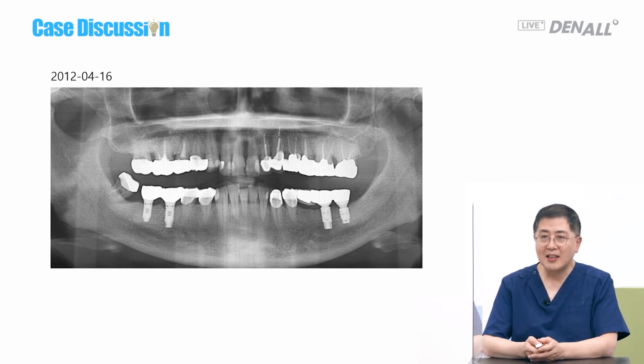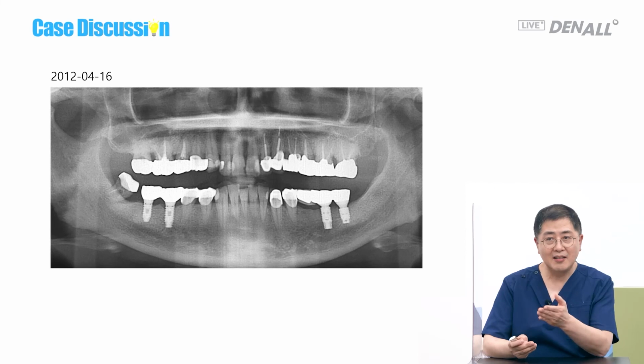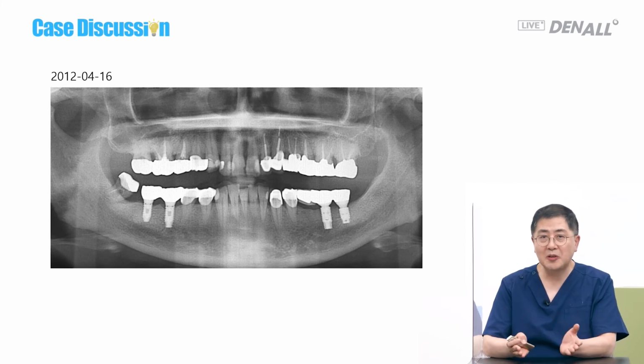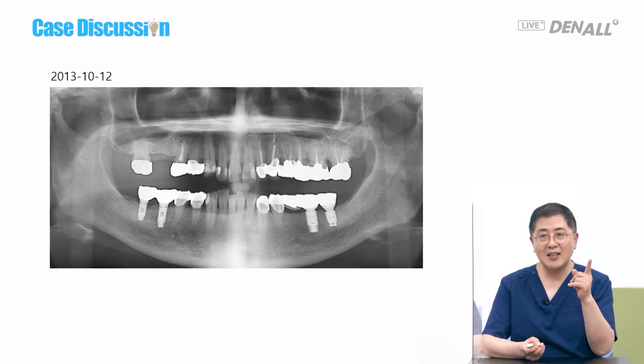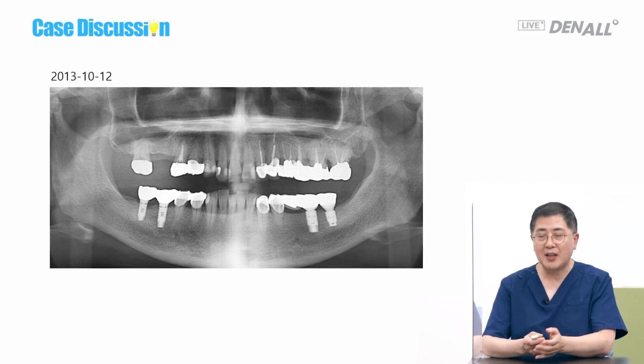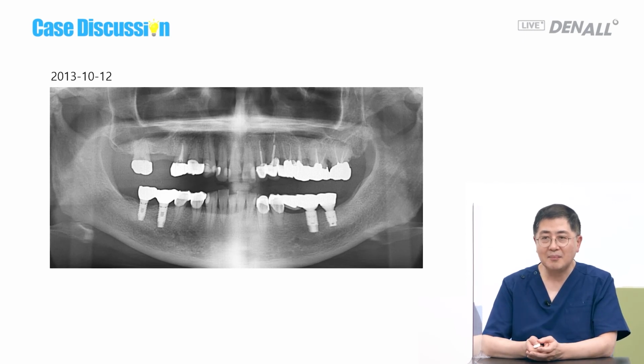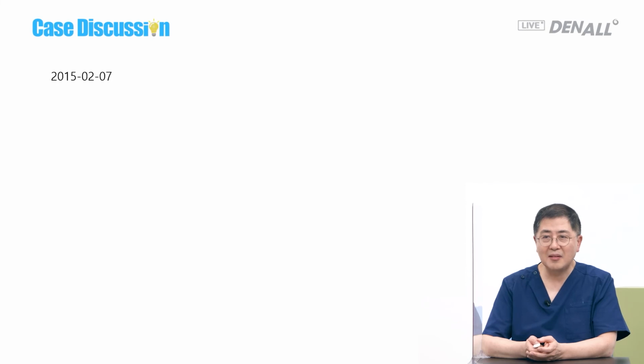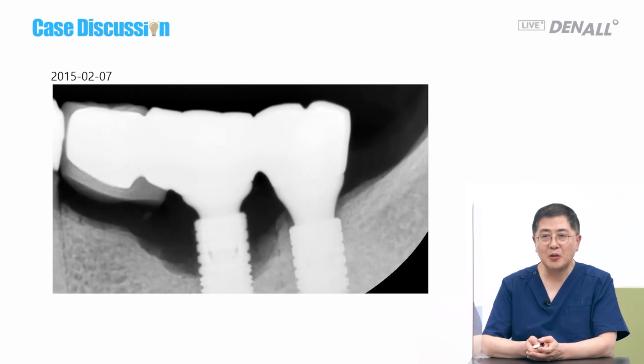Another factor is the occlusal load. Cantilever should be avoided as much as possible for implants. I thought the cantilever in the front side would be okay, but when extraction was made in quadrant 1, the occlusal force was slanted in one direction, creating a problem of bone resorption like this.